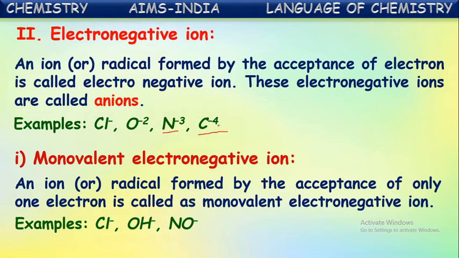If you observe, these all have one unit negative charge. That means they gained one electron in the formation of these ions. Hence, these are called monovalent electronegative ions.